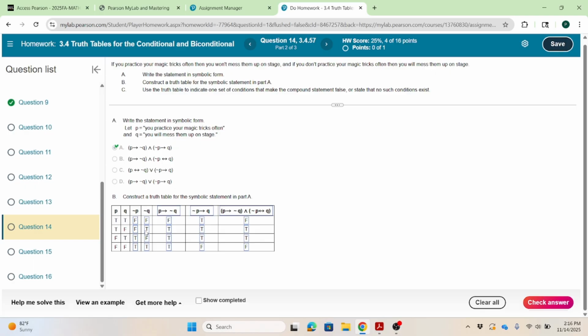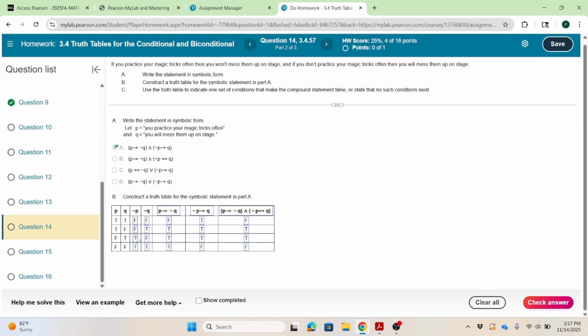Similarly, P, which is true, implies not Q, true, so that means true. And then not P, which is false, implies true, that is true. False implies false is also true. True and true is also true.